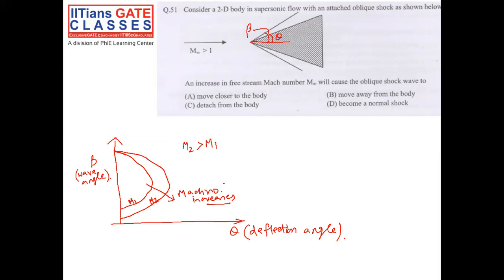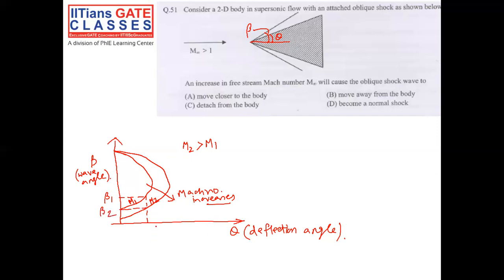Now in our case, theta remains constant and M is increasing. So for the same theta, from this plot we can see that M1 gives a higher shock wave angle beta 1 compared to M2.